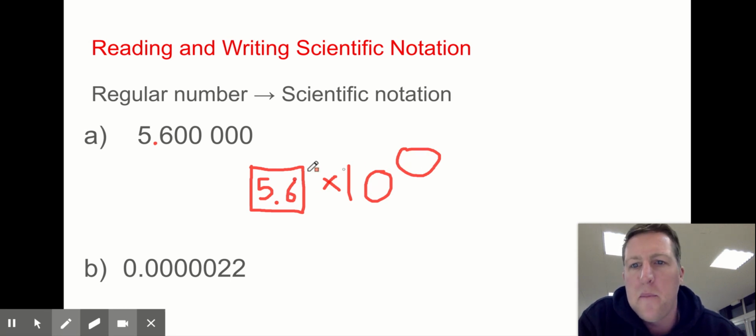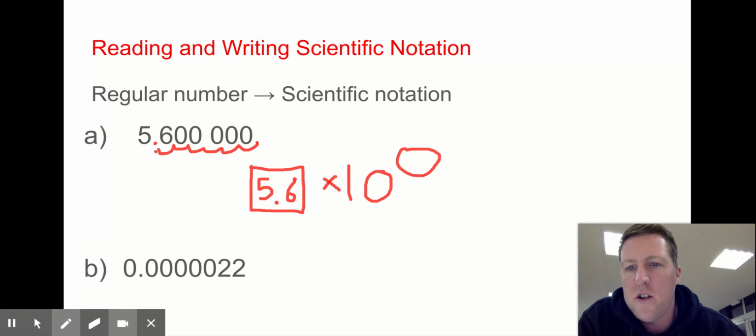We don't know yet. So originally, my decimal point is at the end of this number. I moved the decimal point to be between the 5 and the 6, so I could create a number between 1 and 10, 5.6. I now need to count how many spaces I moved the decimal to the left. 1, 2, 3, 4, 5, 6.